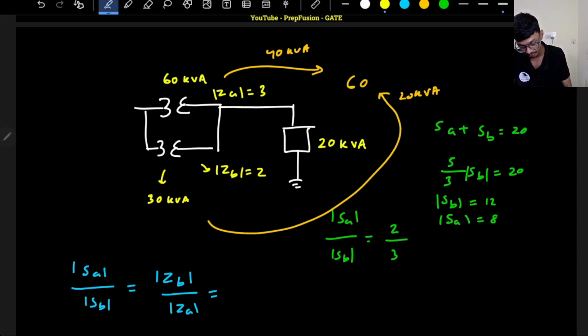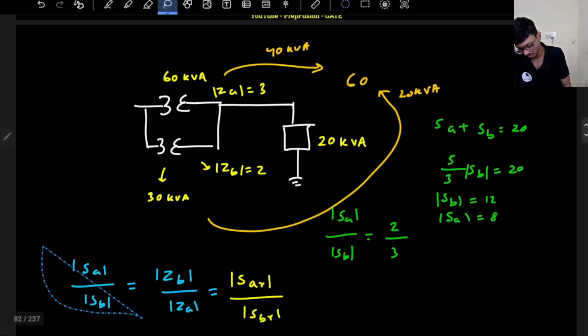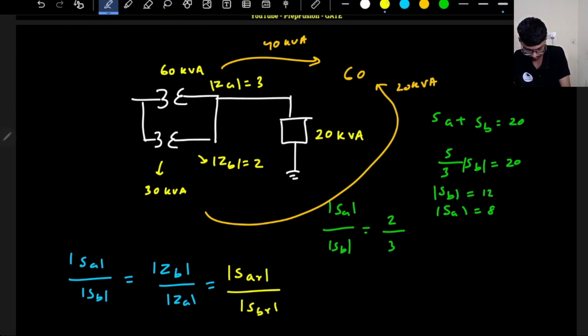I want this to be proportional to the ratings, so this will be the magnitude of SAR divided by the magnitude of SBR, the kVA ratings of the transformers. Now these two are equal, correct?